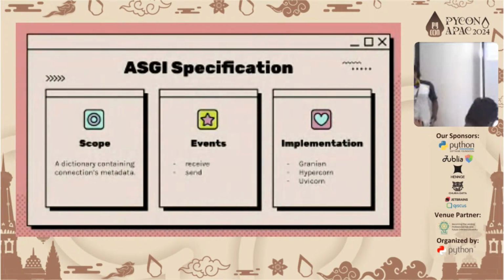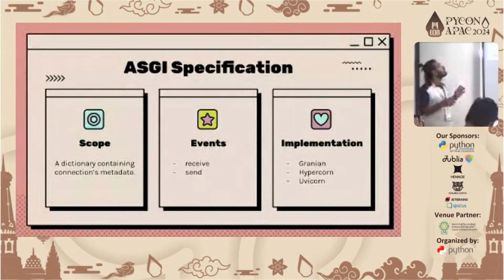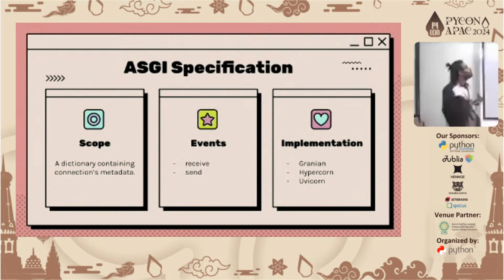We need to understand what the ASGI specification looks like. There are two main things: a simple dictionary with the connection metadata. The connection can be HTTP or WebSocket.